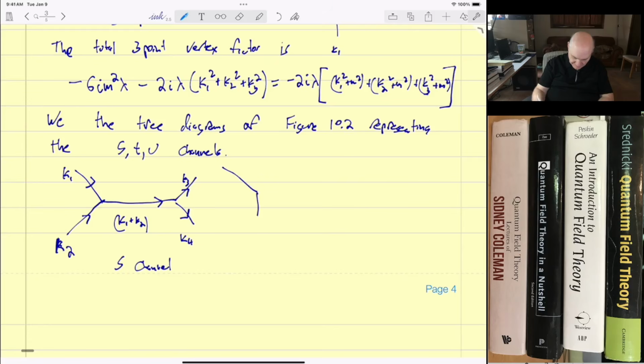Then I have the T channel. It's not going to show up. And the hard one to draw is always the U channel.